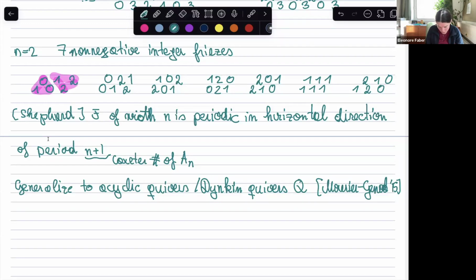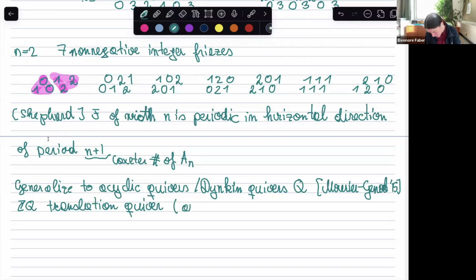So you take your quiver Q, and then you form the translation quiver ZQ. So this here is the translation quiver. And then you add, so what are the arrows in here?